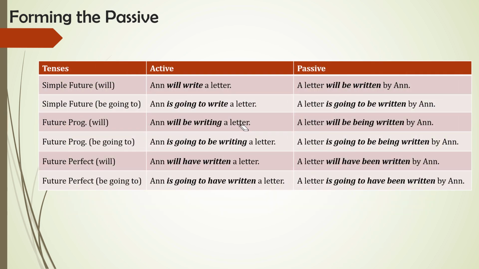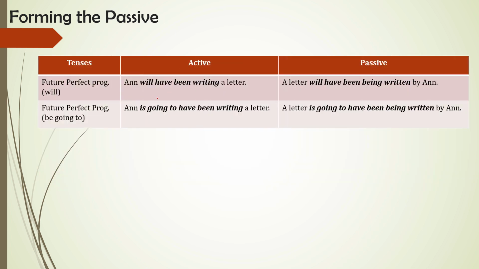The next tenses: simple future for will and be going to, future progressive will, future progressive be going to, future perfect be going to. You may read yourselves the passive sentences from active sentences. And then future perfect progressive will and future perfect progressive be going to.